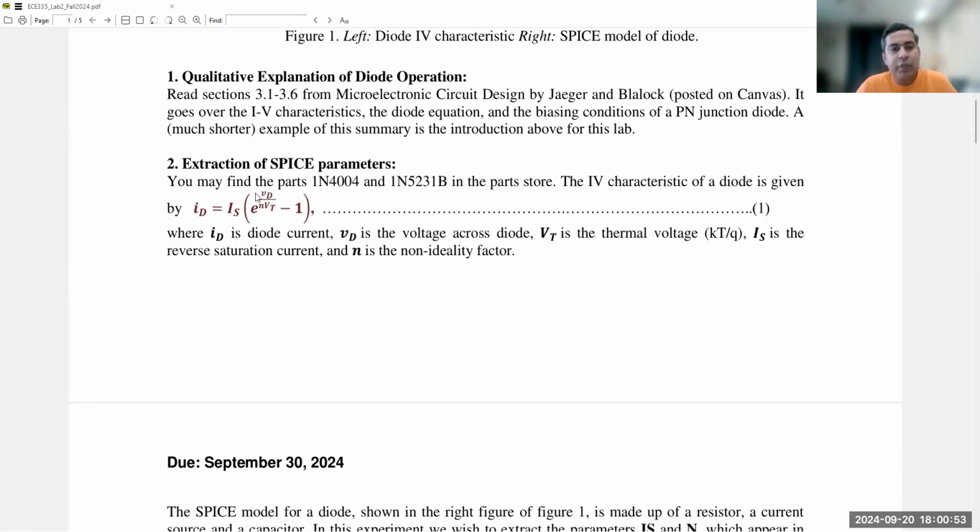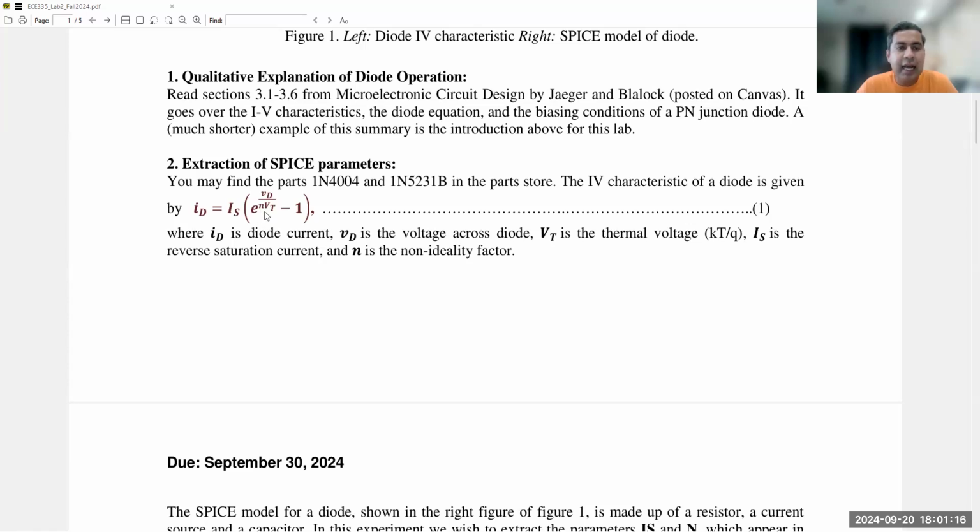For this experiment, we are going to apply a VD voltage from 0 to 1.2 volt across the diode, while we observe how much current it draws. Then we are going to calculate the values of IS and N in this equation. And VT is already known, which is kT over q.